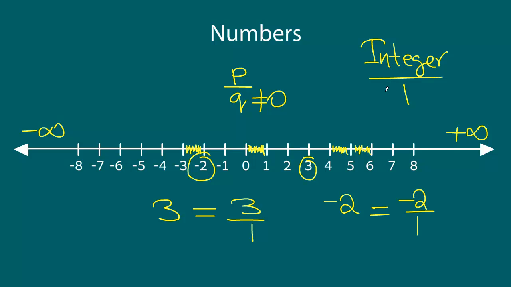The reason is because this form is exactly the form of a rational number, because 1 is also an integer, right? So all of these integers can be written as integer divided by an integer, and the denominator is always 1, it is not equal to 0. So that means all of these integers are also rational numbers.